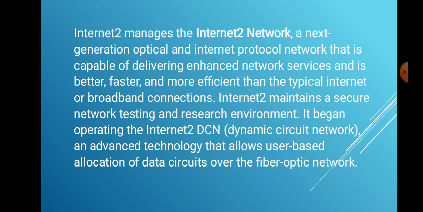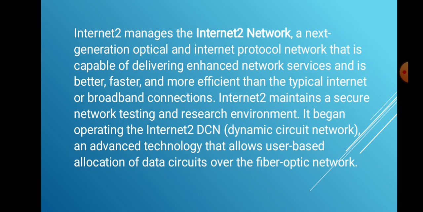Internet 2 manages the Internet 2 network, a next generation optical and internet protocol network that is capable of delivering enhanced network services and is better, faster, and more efficient than typical internet or broadband connections.